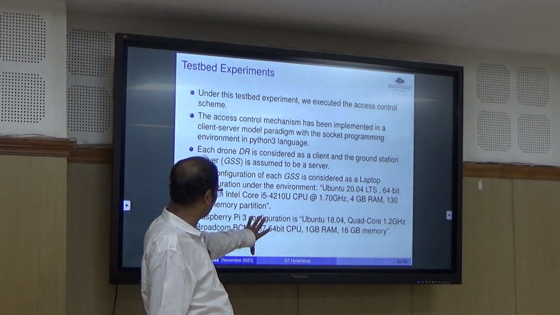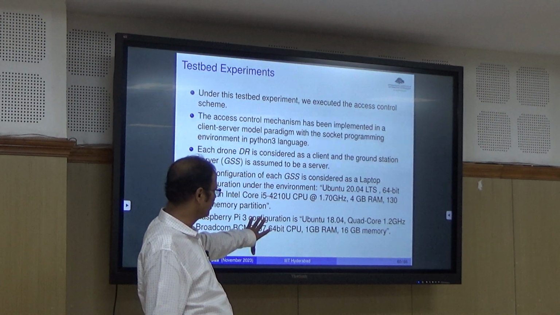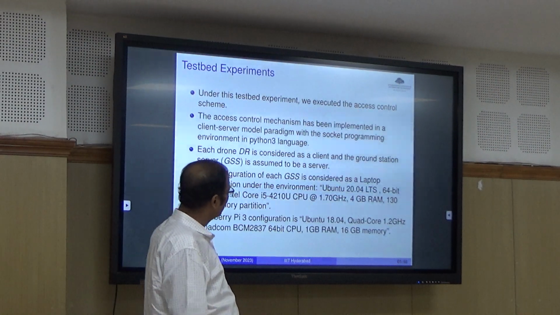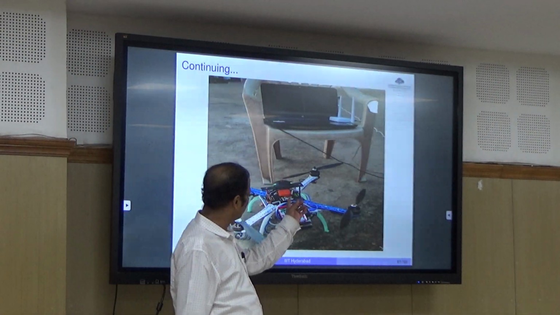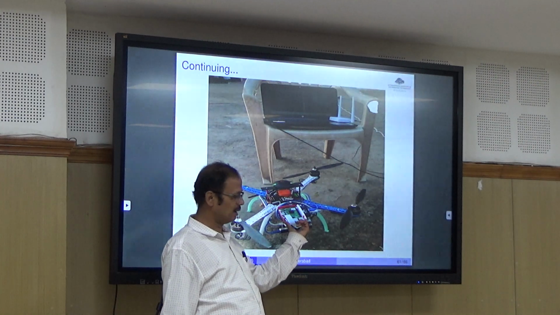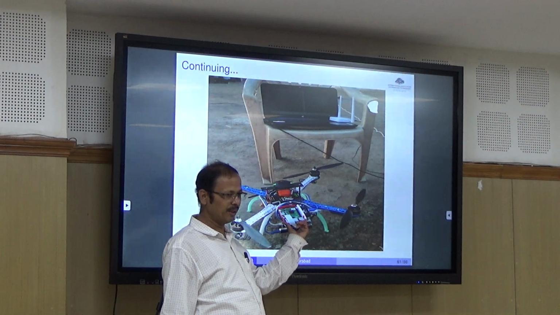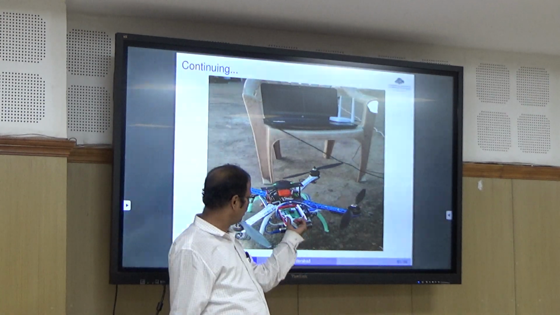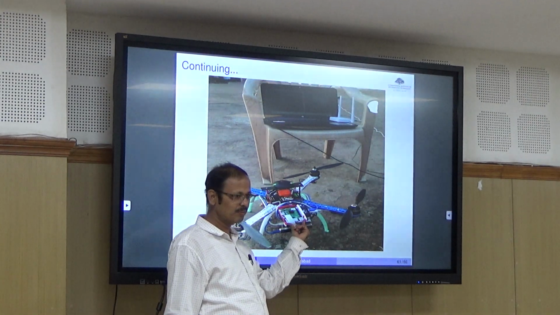We have taken a drone using the Raspberry Pi 3 configuration. In this drone we have embedded a Raspberry Pi, and all the drone programs, whatever protocol we have, have been inserted here.